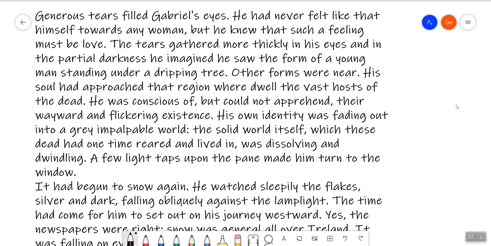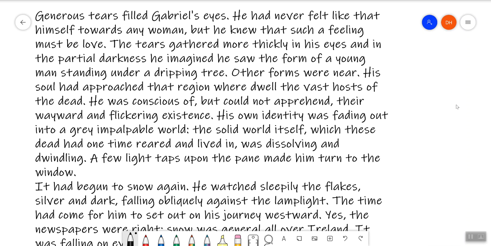His soul had approached that region where dwell the vast hosts of the dead. He was conscious of, but could not apprehend, their wayward and flickering existence. His own identity was fading out into a gray, impalpable world. The solid world itself, which these dead had one time reared and lived in, was dissolving and dwindling.